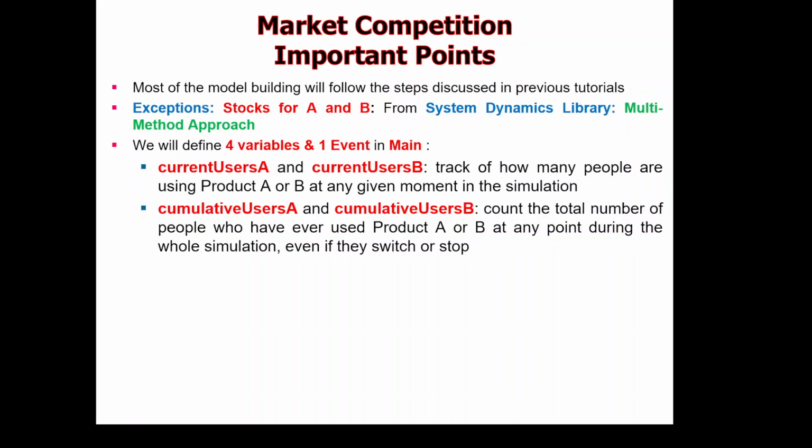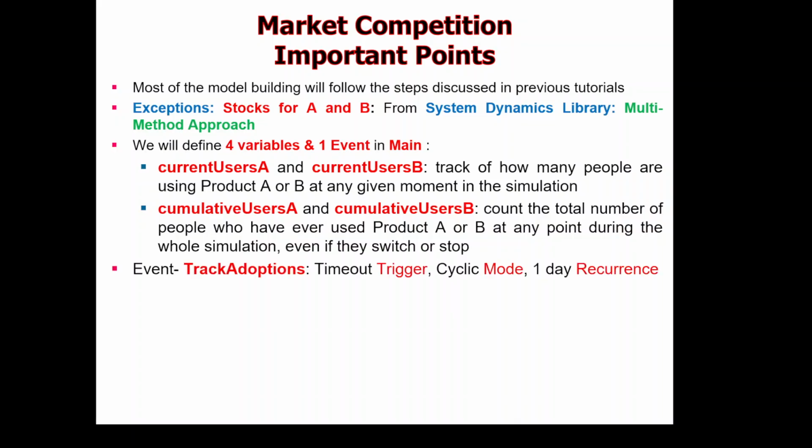And then we have another two variables, the cumulative user A and the cumulative user B. Basically they will count the total number of people who have ever used A or B at any point during the whole simulation, even if they switch or they stop using it. So four variables, the first two are current user A and current user B, for obtaining the information of how many people are using the product at any given moment of time, and then we will also do the cumulative of these users.